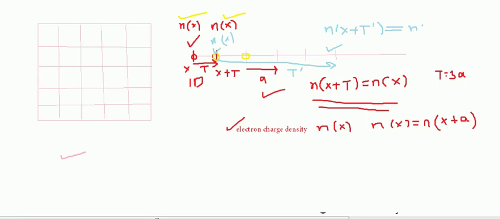This is the basic definition of the electron charge density. So the very structure of the crystal dictates that there is something periodic. So things like the electron charge density will be periodic.